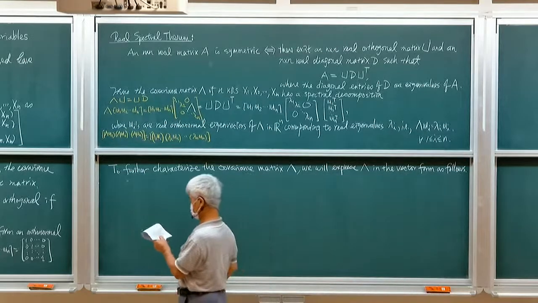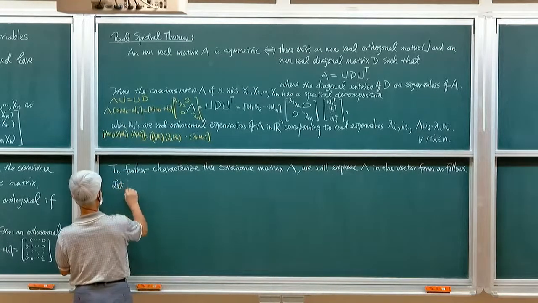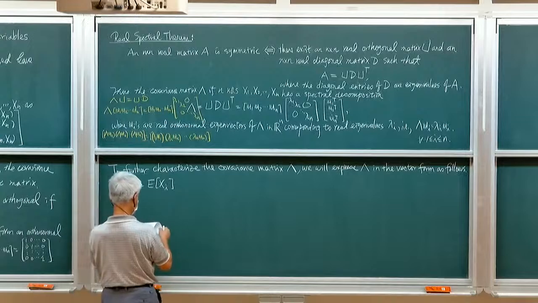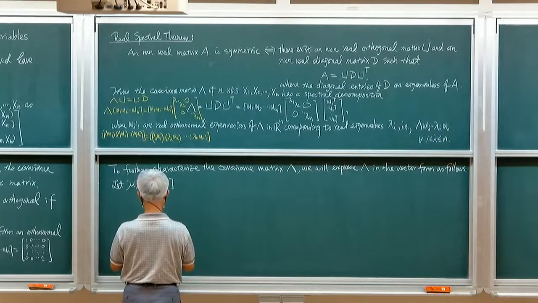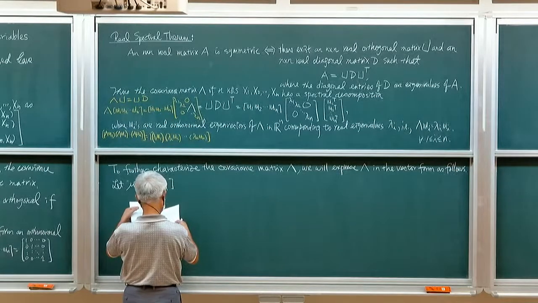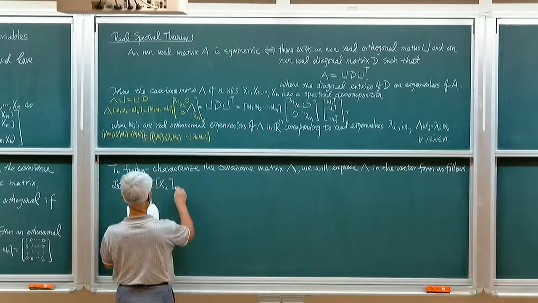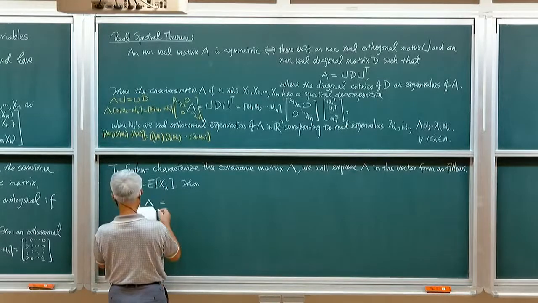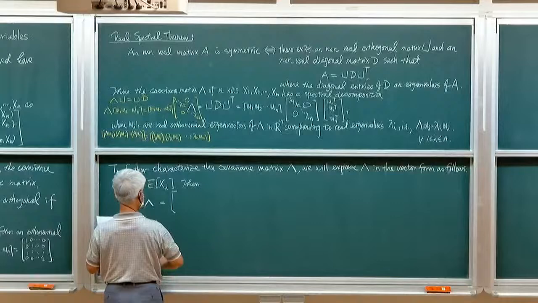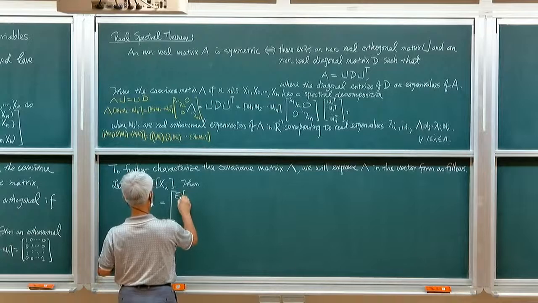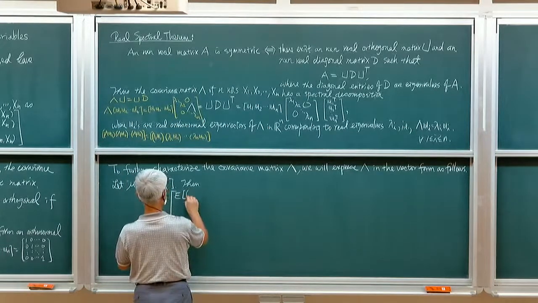So we let mu_i be the expectation of each x_i, and then the covariance matrix, right? The covariance matrix of X.